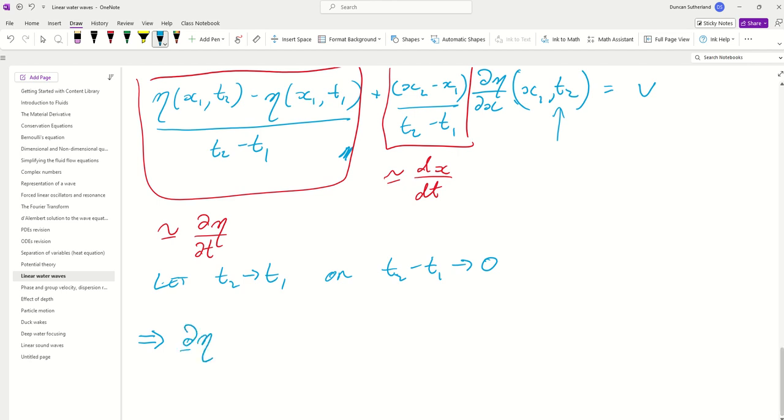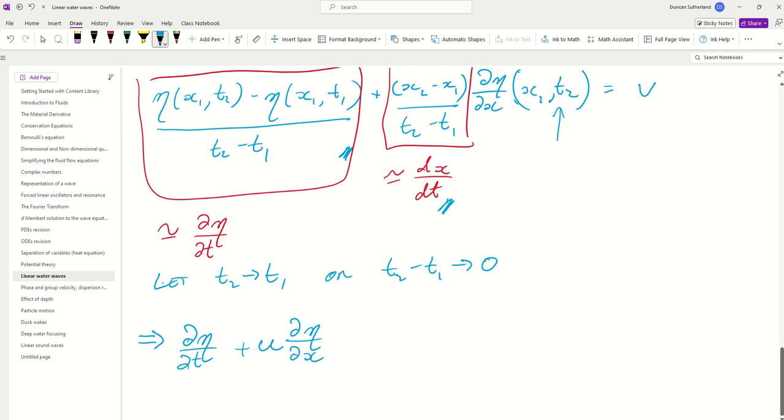So that's d eta/dt. The interesting thing is that the change in x with respect to t is the u velocity. Right, so that's the change in x position with respect to time. That's u. So u d eta/dx.